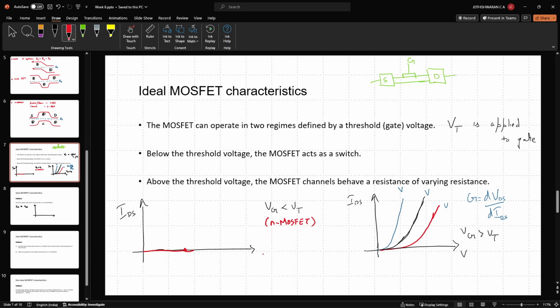So IDS will, how do I put this? I actually need not have drawn two figures here. I only need to draw one figure. So I will just say there is going to be a characteristic voltage Vt here, after which the current will start increasing.